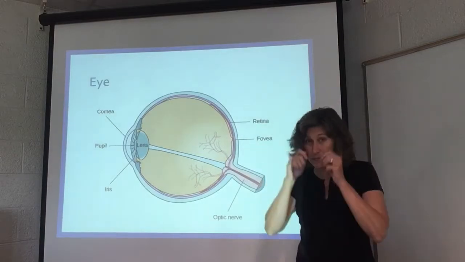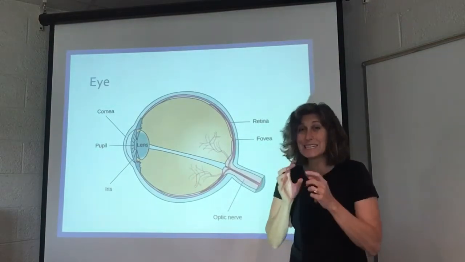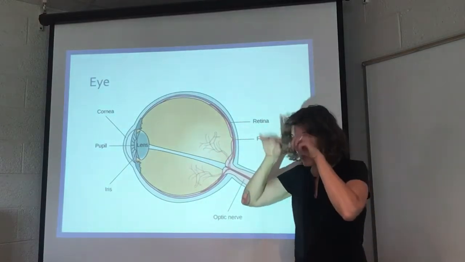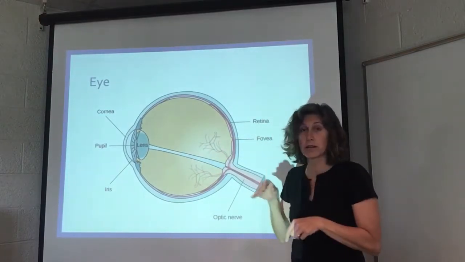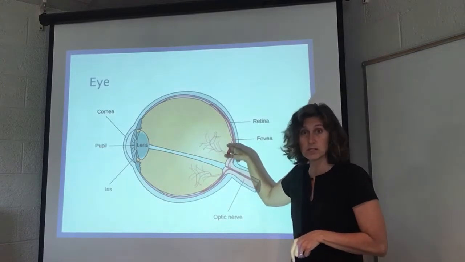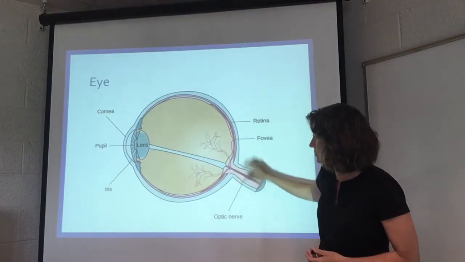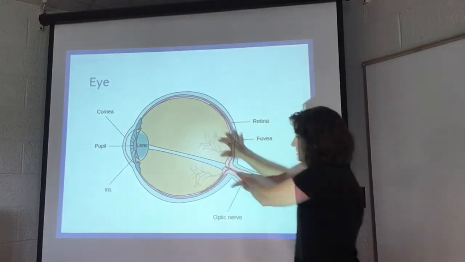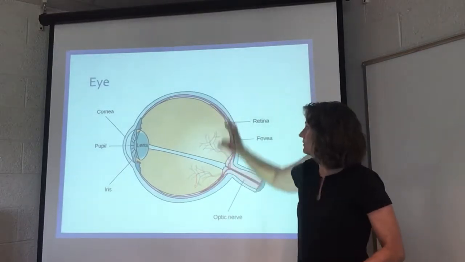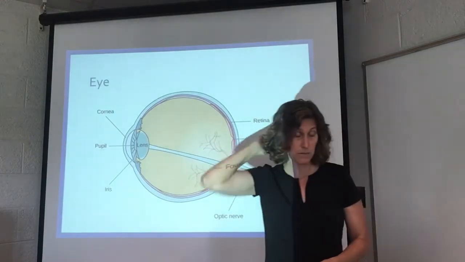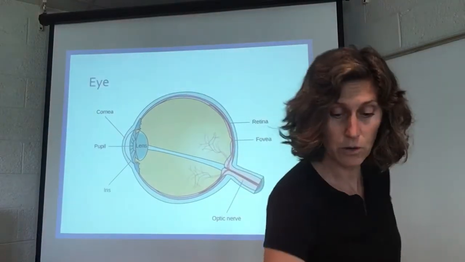So for very specific, precise vision, seeing the details of an image, you're going to foveate. You're going to aim your eye at whatever you're looking at such that it hits the fovea square on. And then down below is the optic nerve, where all the information gleaned from the retina is passed back into the brain, to the very back, the occipital lobe.